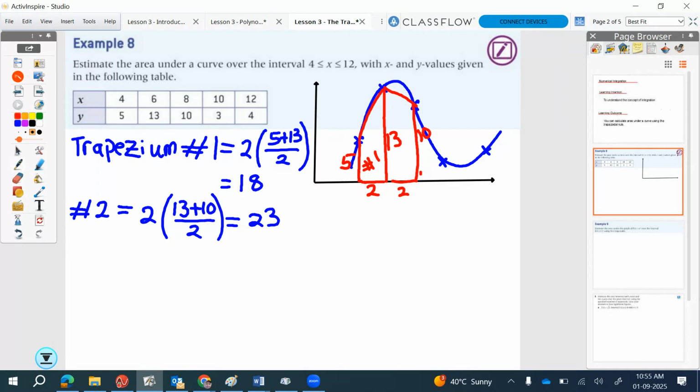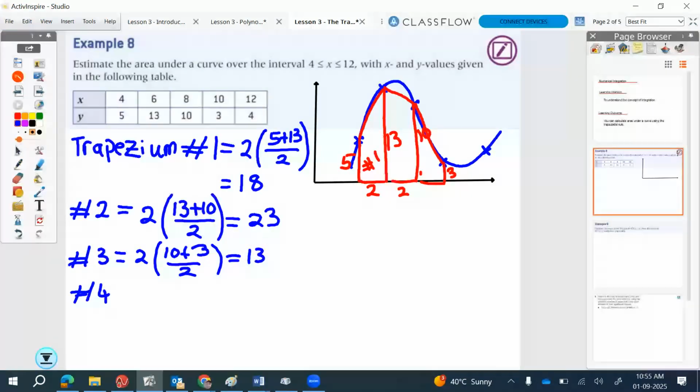How many trapeziums will we have to find the whole area? 4. So we need this trapezium now. What's this last height over here? 3. Thank you, Austin. So trapezium number 3 is going to be 2, that's the horizontal distance, times (10 plus 3) over 2. That's 13.